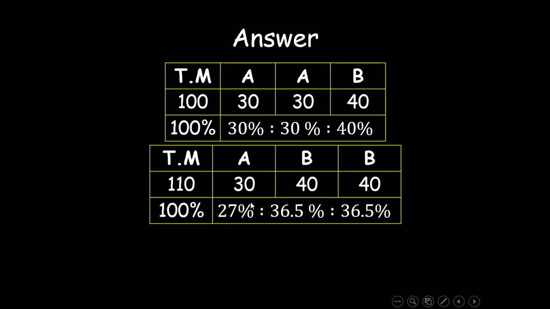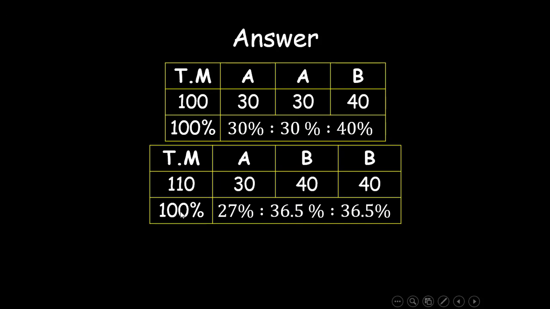Here he said the compound would be AB2. So we're going to use the masses that we saw in the previous step, 30, 30, 40. We're going here 30, 40, 40. So the total mass is 110. To get 100% and to get the other elements to percentage, we are going to do cross multiplication.